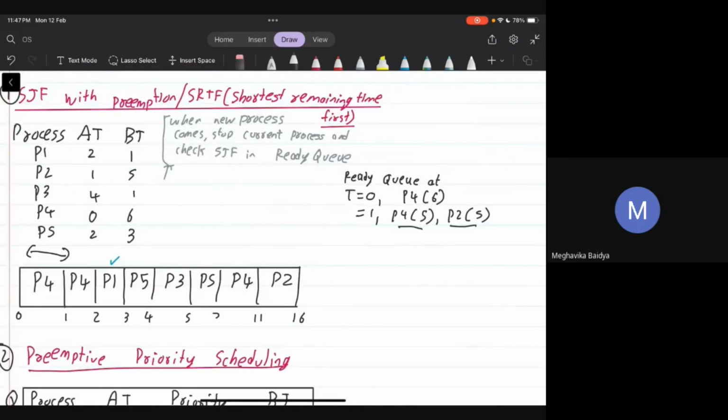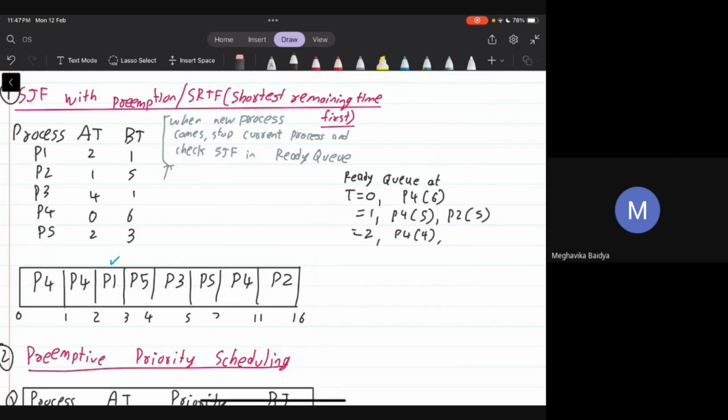You have P4 of 5 and P2 of 5. Since P4 was already executing, you will continue that execution since the burst times of both are the same. And then at t equals 2, P4 of 4 will be there because one unit of time has been executed.